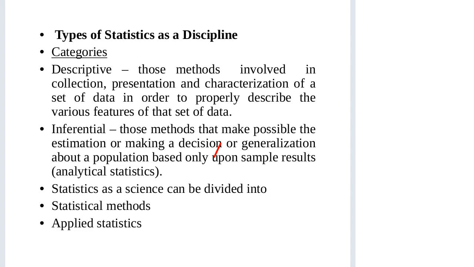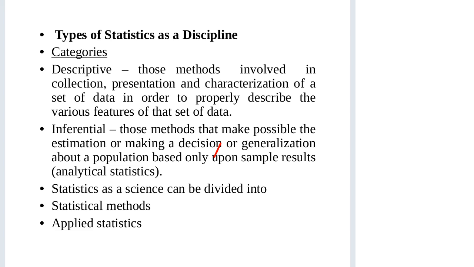But the findings that we get from that sample, we use it to make a generalization about the entire population. This is what we refer to as inferential statistics. You infer the population from the findings of the sample.